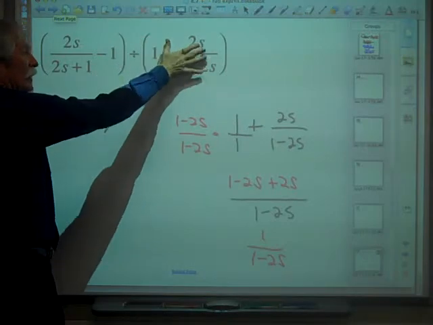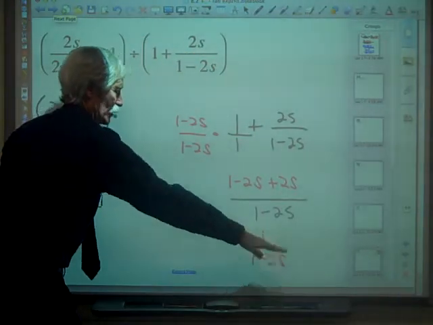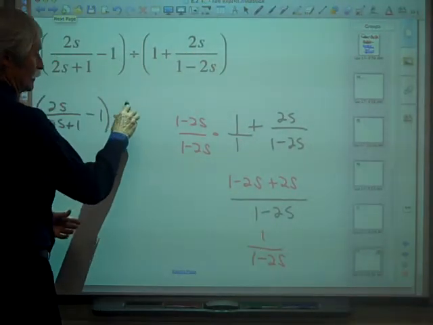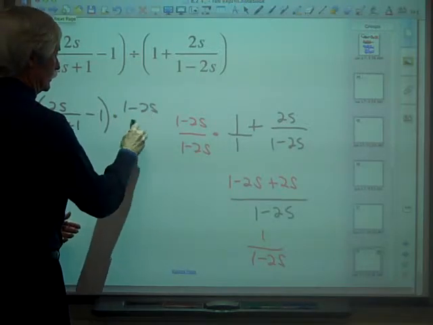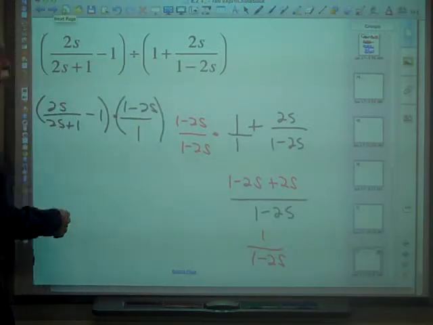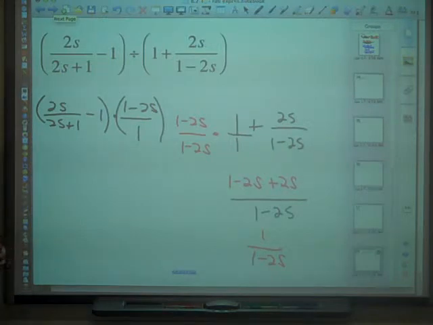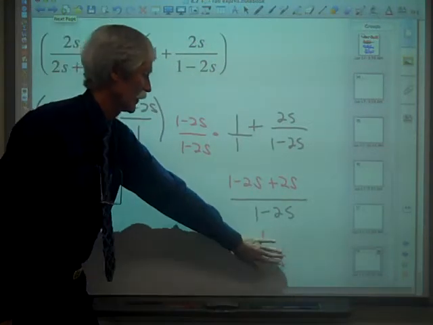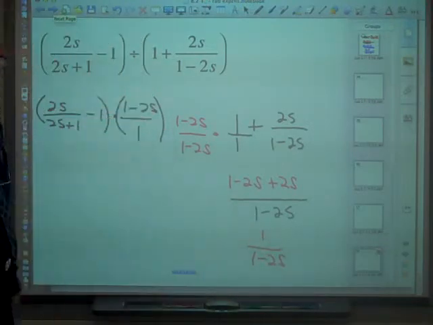So instead of dividing by this, we're going to multiply by the reciprocal. So we turn this fraction into something we can flip upside down.